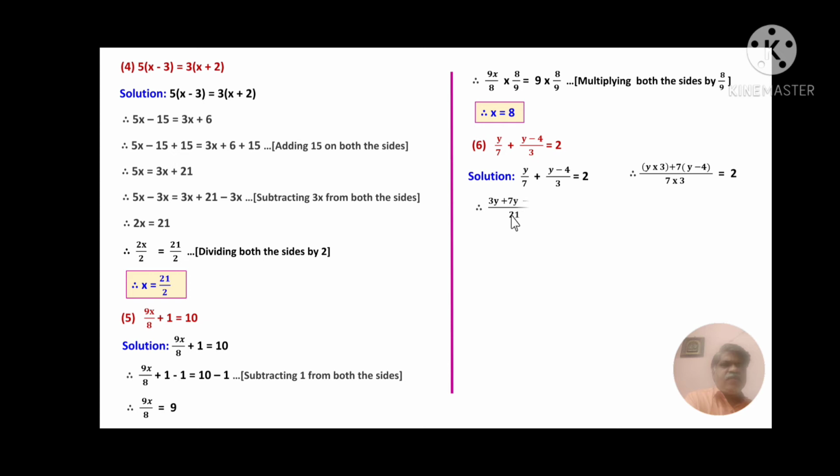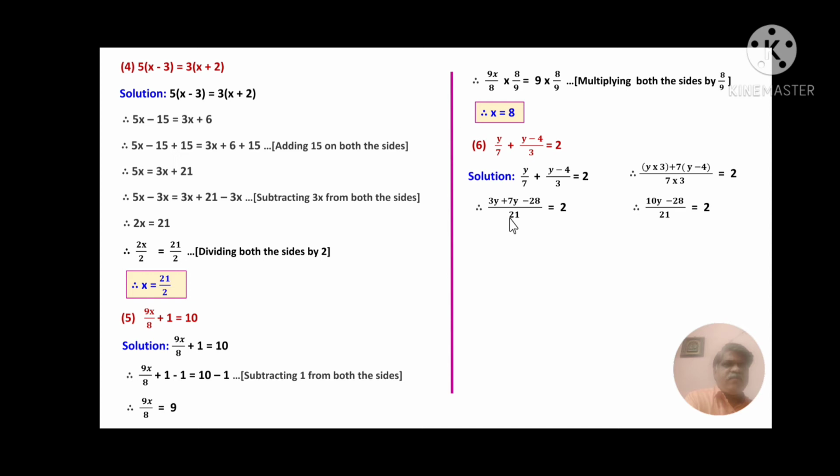So now it could be written as 3y plus 7y minus 28, 7 into 4, upon 7 into 3, which is 21, is equal to 2. First simplify, after that we will multiply by 21.